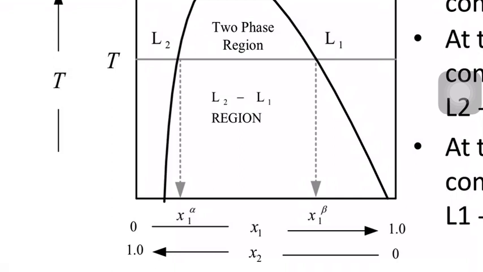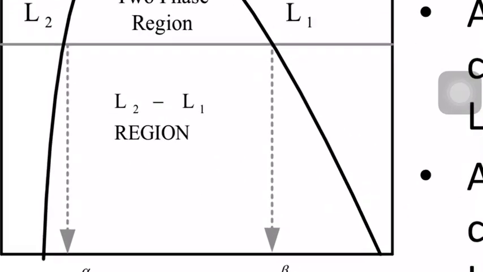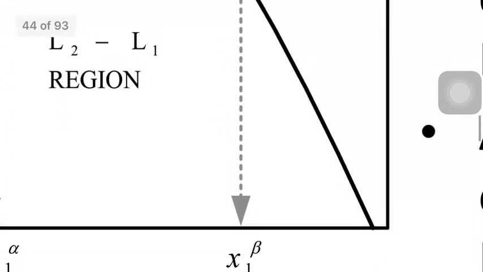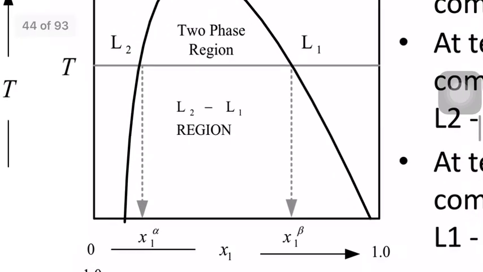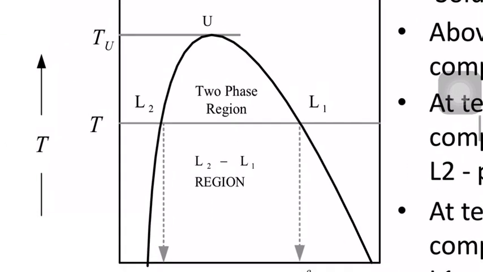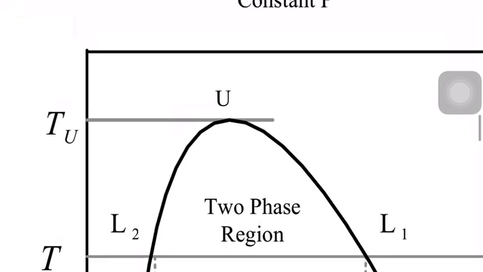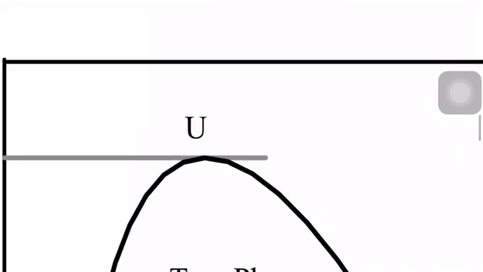We call it the alpha phase, where component number 2 is rich. After a special composition, we have an immiscible region, a two-phase region of immiscible liquids.